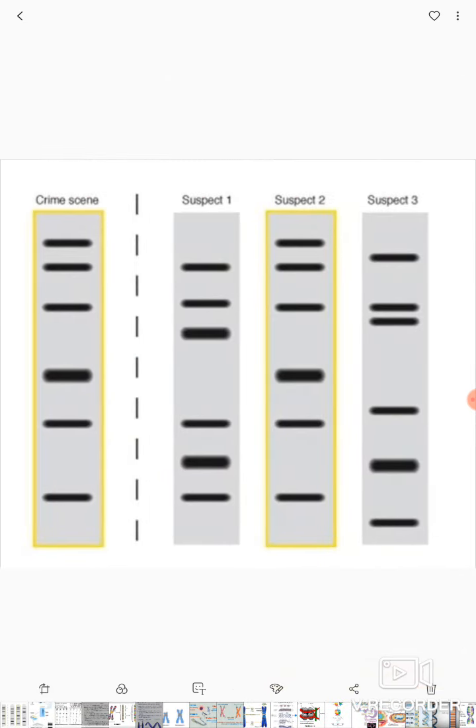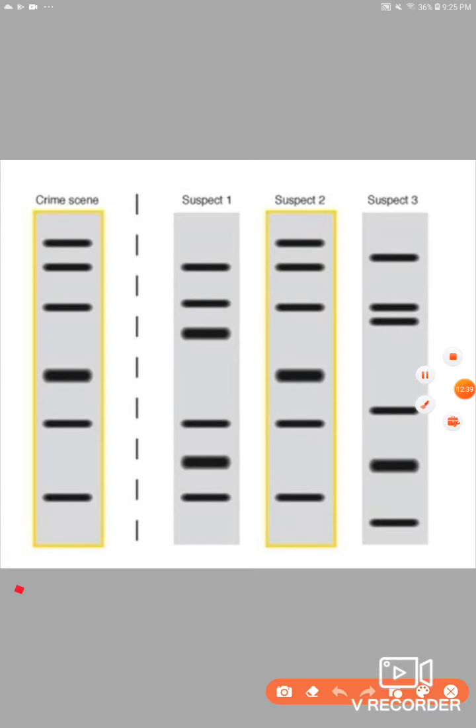Just see this, this is the band pattern. The first one is the band pattern from the blood found at the crime scene. Suppose we have these three suspects, and at the end of DNA fingerprinting we get this data.